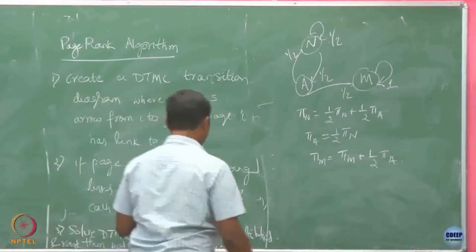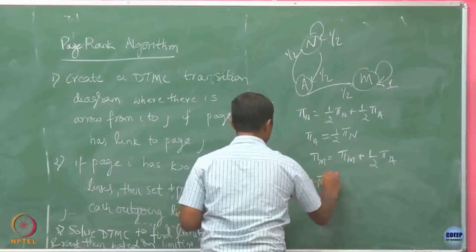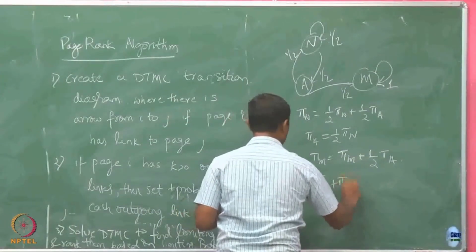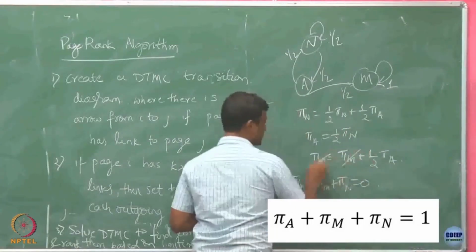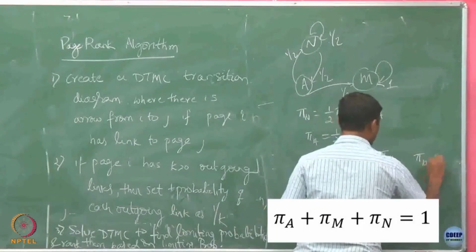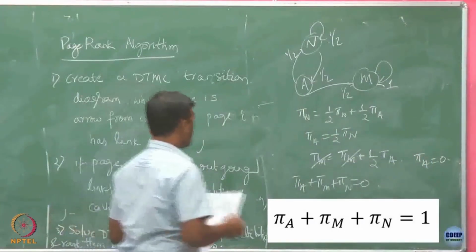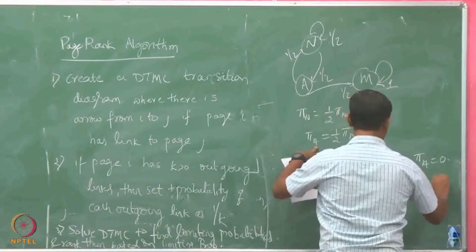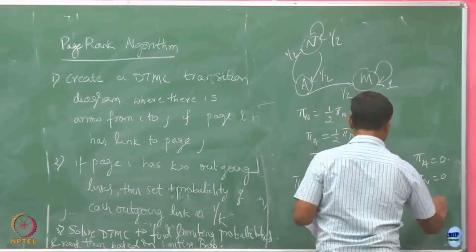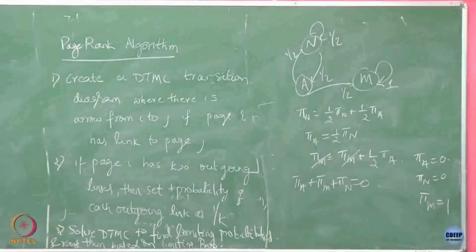If you solve this, and you also have this normalization constraint, you are going to get pi A equals 0, and once pi A equals 0, you are also going to get pi 1 equals 0, and then pi M equals 1 in this case, right.